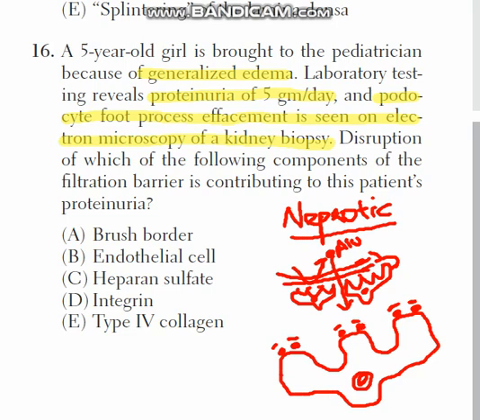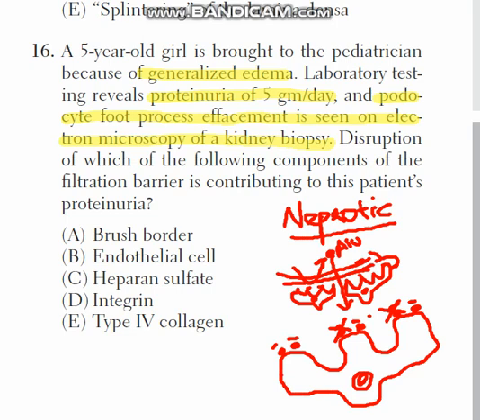Whenever, due to any cause, there is a destruction or neutralization of these heparan sulfate molecules, then the charge starts to disappear, and it leads to nephrotic syndrome. So in this condition there is a neutralization, okay, a disruption of the component of the filtration barrier contributing to this patient's proteinuria.